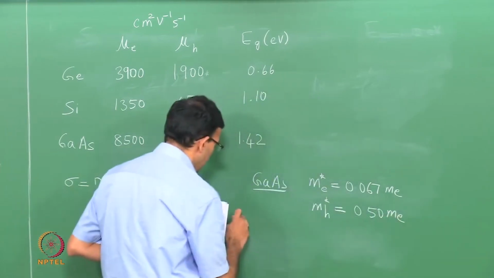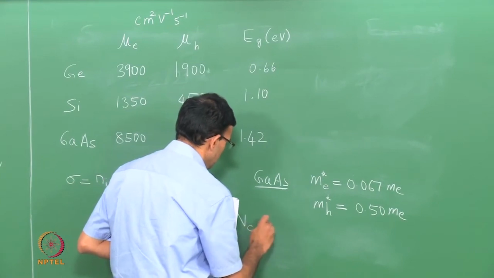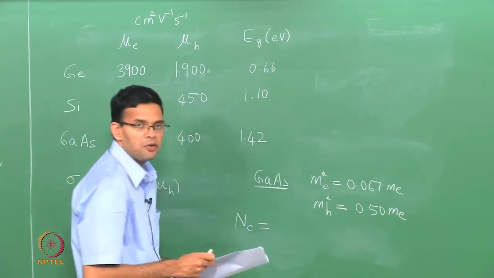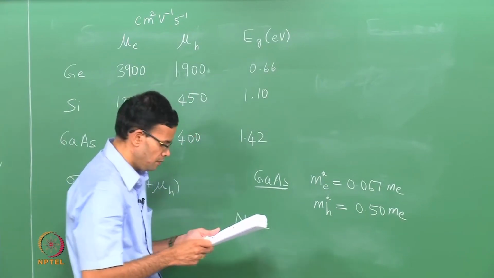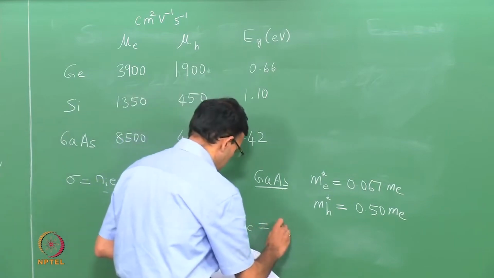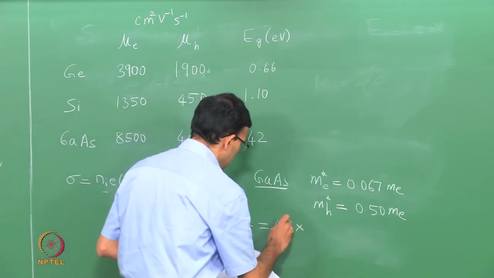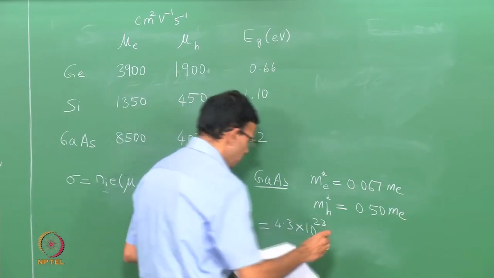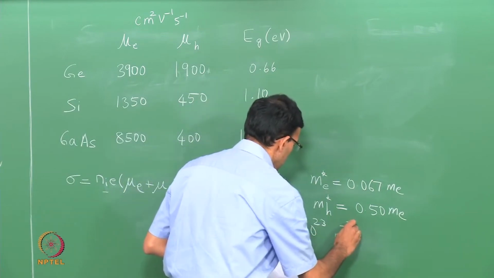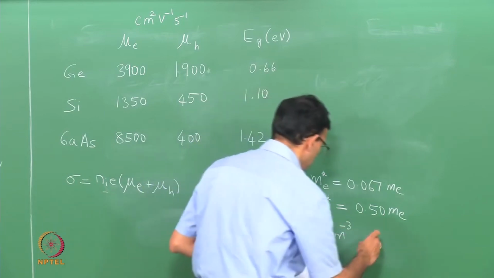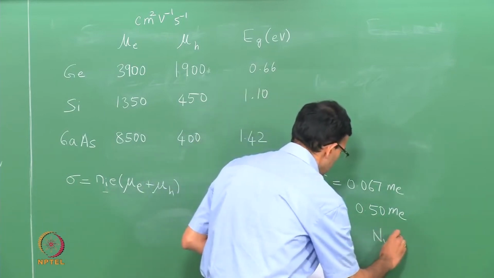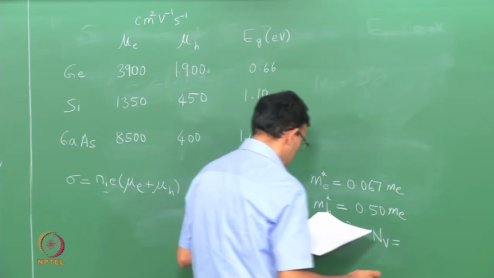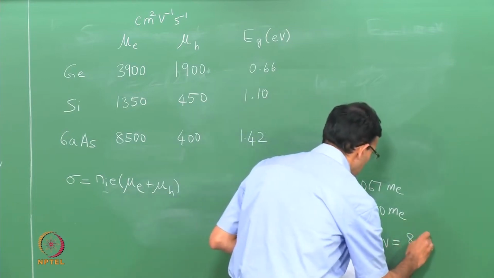So, now you can calculate Nc using the same equation that we used for silicon. Nc is around 4.3 times 10 to the 23 per centimeter cube, Nv is 8.85.